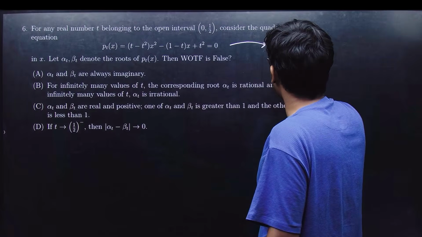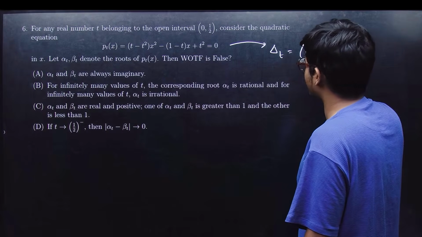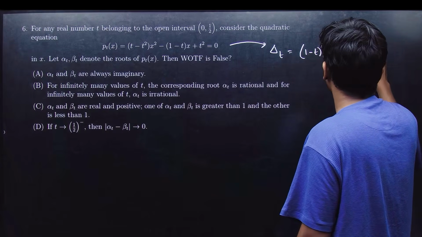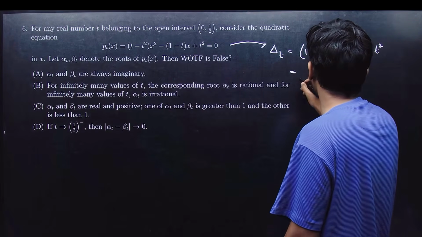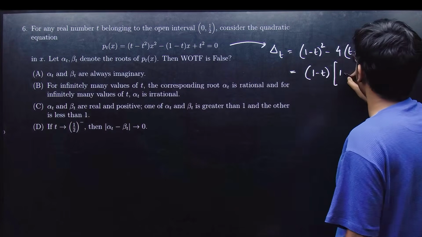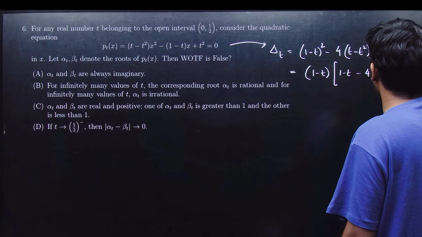So for any quadratic, delta t is going to be b square. So that's 1 minus t whole squared minus 1 by t whole square minus 4 t minus t square into t square. So this quantity can be written as, if I take 1 minus t common, I'll be left with 1 minus t minus 4 t square into t, right? So 4t cube.